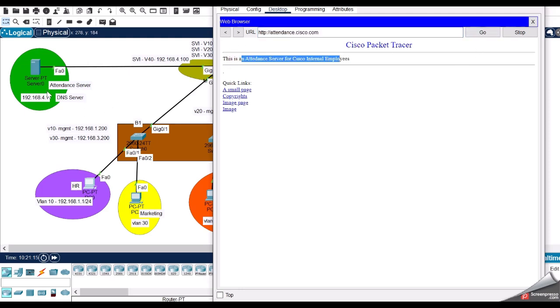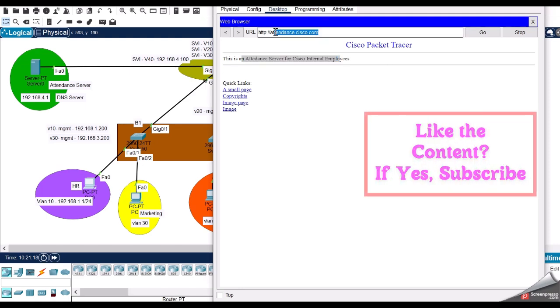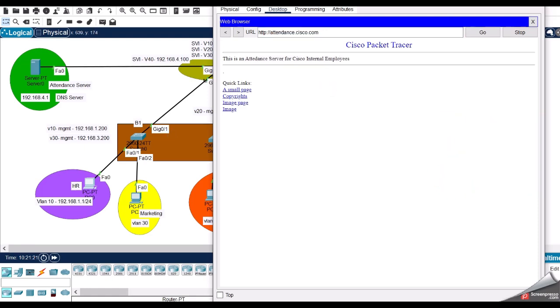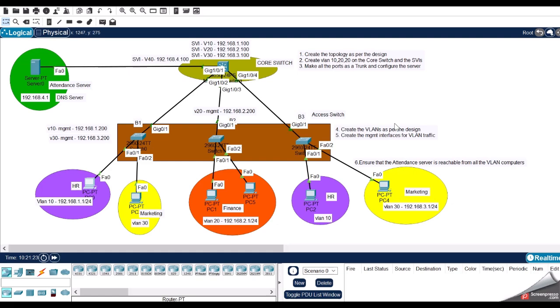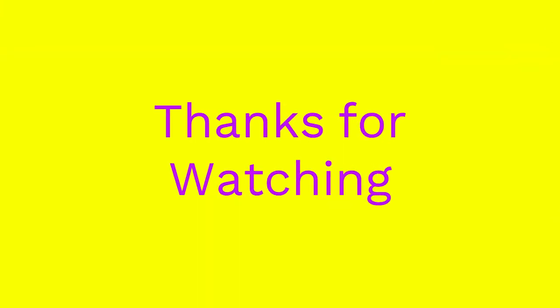That means there is a DNS server mapping the IP addresses to the FQDNs. That's the basic operation of a DNS server. I hope the session is informative. If you have any questions, please let me know. Thanks for watching.